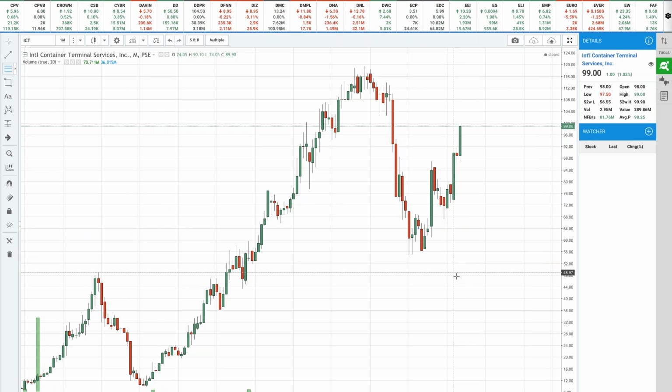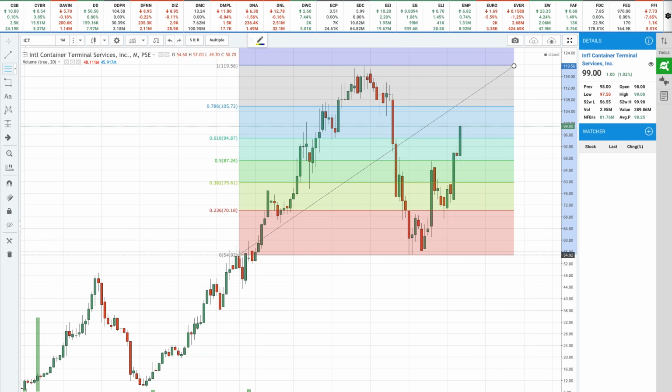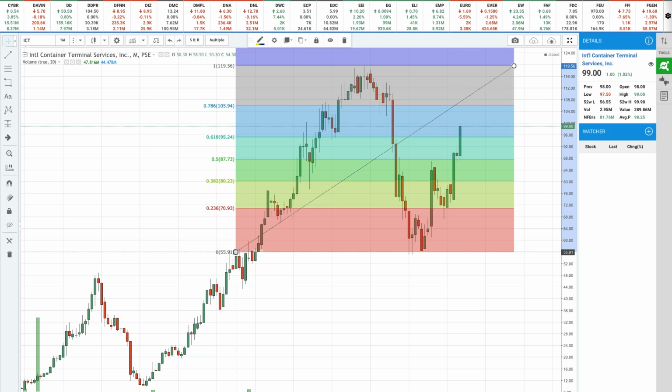Now, for example, price bounces, and we do a reverse Fibonacci. Reverse Fibonacci tells you where you are able to sell a security. Now, you see that price bounced.